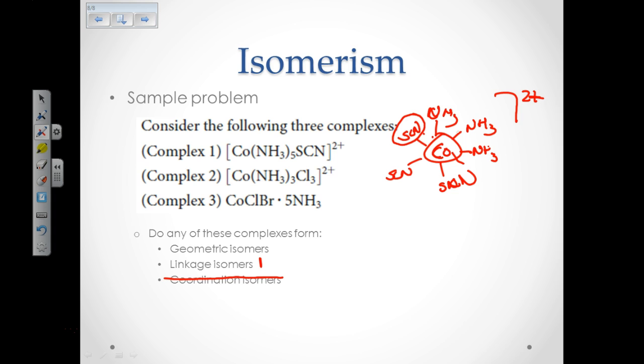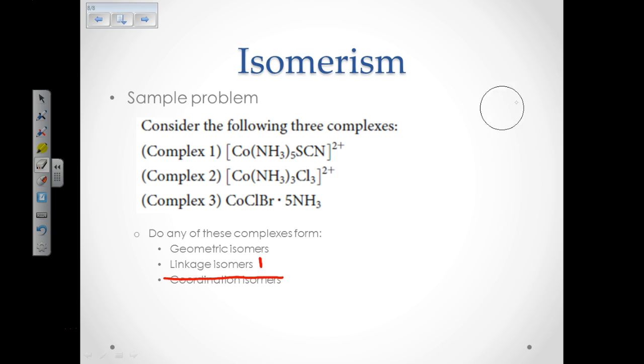Now geometric isomers. Let's look at complex ion number 2. This appears to be the same sort of thing. Can these things switch back and forth? Well, there's no counter ion here, so it can't switch with the ammonia or the chlorine. So that is not a geometric isomer.